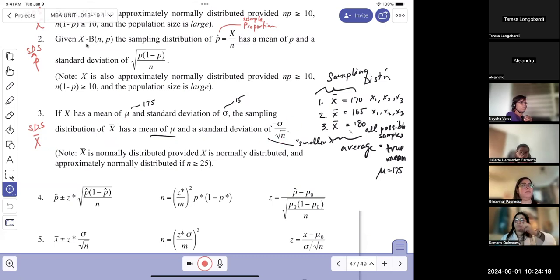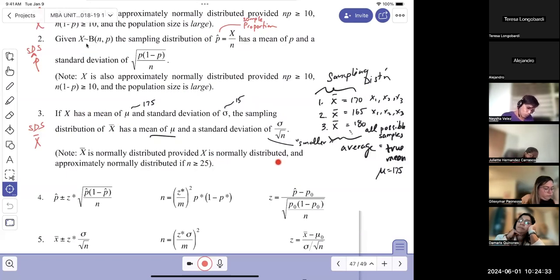Now this bracket is talking about the shape. Also, X bar will be normally distributed provided X, the original variable that was given, is normally distributed to begin with. And if it's not normally distributed to begin with, as long as your sample size is large enough, it will still be normally distributed.